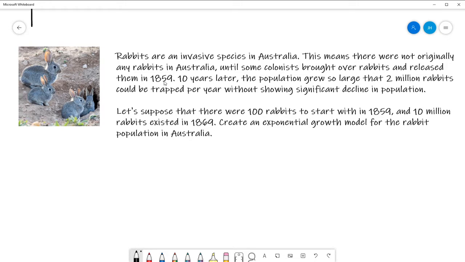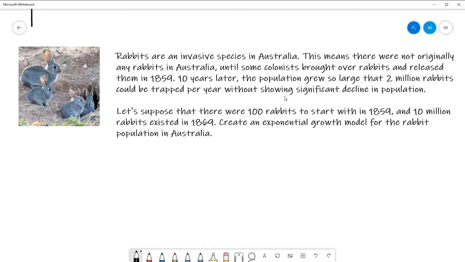So nothing really naturally hunts the rabbits, which allows their population to grow exponentially, right? Nothing's inhibiting their growth. So 10 years later, the population of rabbits in Australia had grown so large that they recorded 2 million rabbits being trapped and sold per year without showing any significant decline in the population. People didn't even notice any less rabbits, even though they had caught 2 million of them.